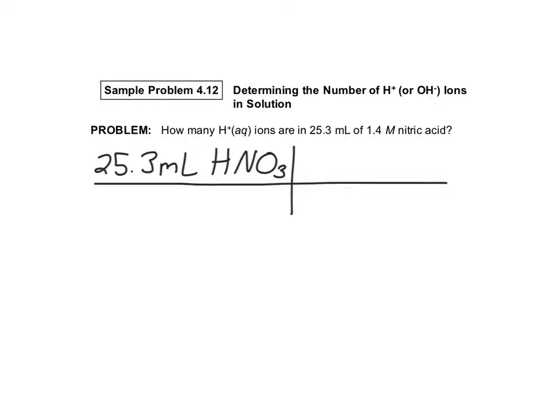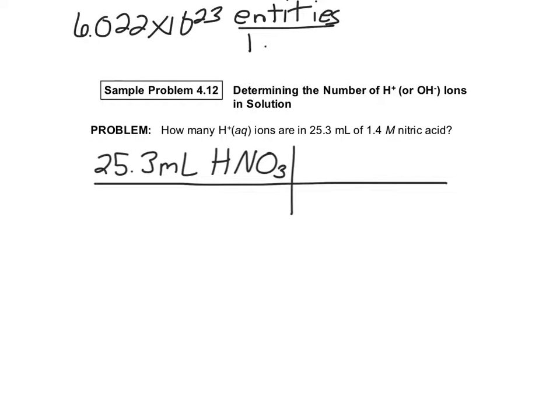How many ions, or the number of entities. And remember Avogadro's number. It's 6.022 times 10 to the 23 entities per 1 mole.